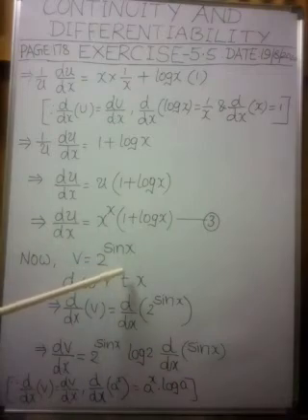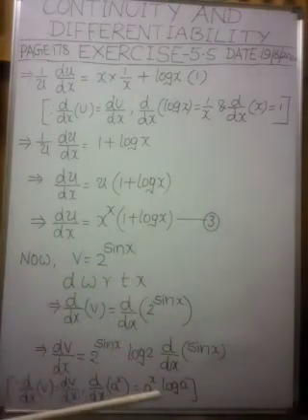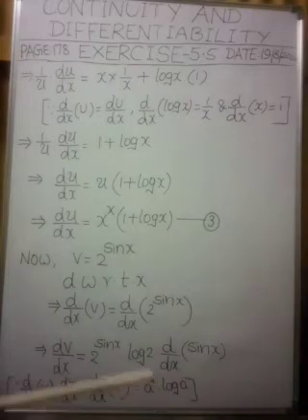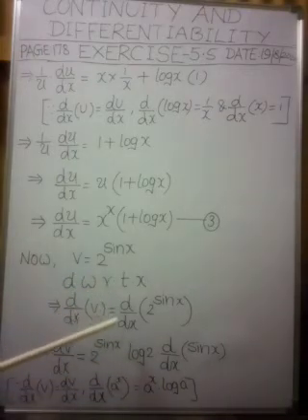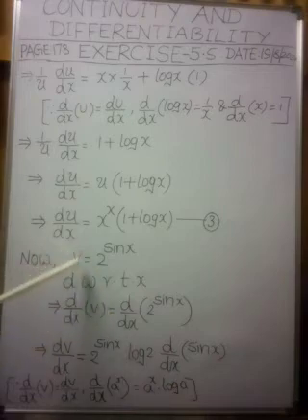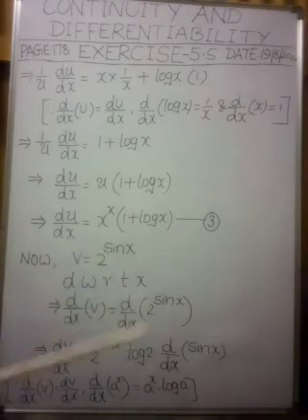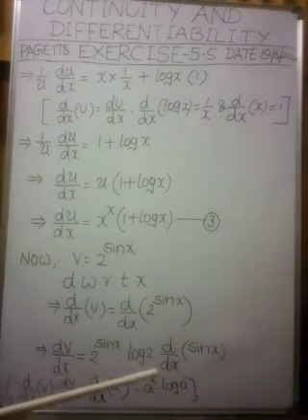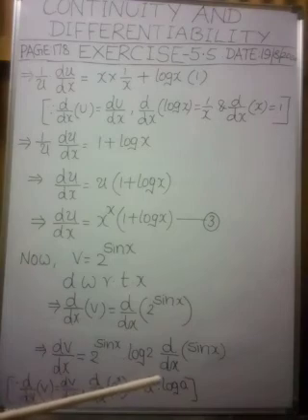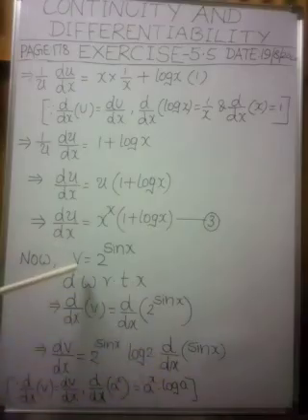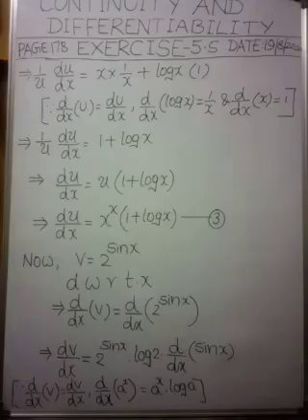So I am using here the a power x formula. Okay, my children, you can follow logarithmic differentiation also, meaning you can take log on both sides, and after that applying the logarithm properties, you can find the dv by dx. Okay, my dear children. But here, I am using the alternate method.